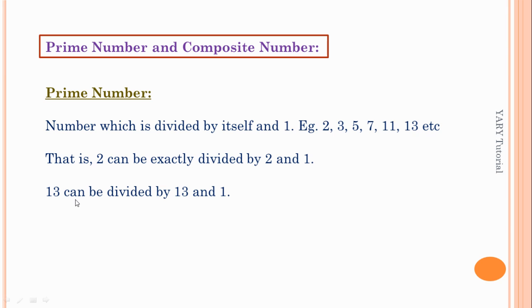Similarly, 13 can only be divided by 13 and 1. We don't have any other divisor other than itself, 13, and 1 for this number. Hence, 13 is a prime number.